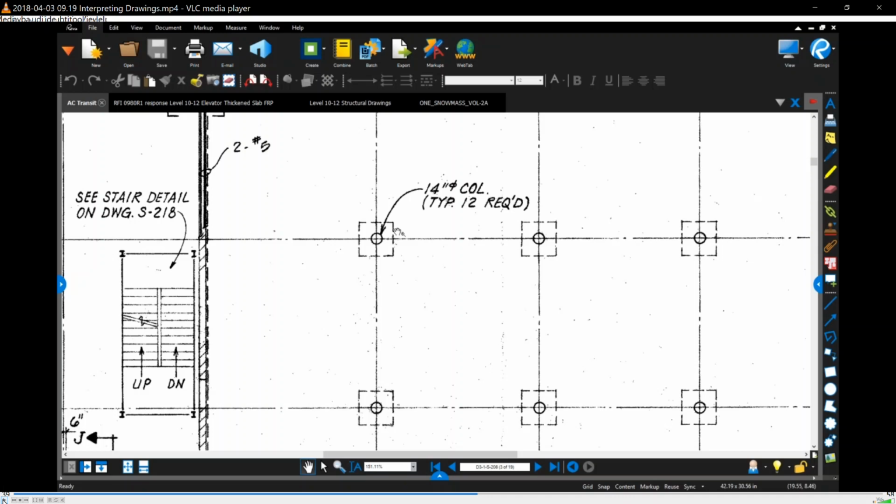The reason for that is because they use typical sizes in the U.S. I think a 2 by 8 is 7 1/4 of wood, and then they have plywood underneath this. This is the formwork they use to pour the slab.